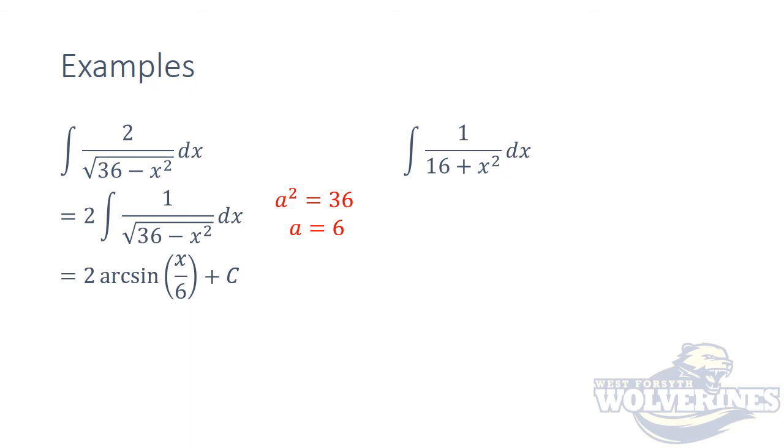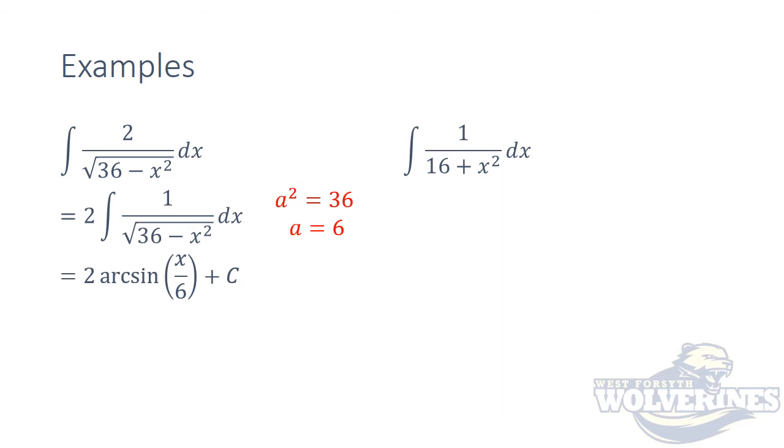Okay, so look at the example on the right. We have a 1 on top, so we don't have a coefficient to worry about. So we look at the bottom. We have 16 plus x squared. When you have this mixed in with all your other derivative and antiderivative rules, if you were trying to do u sub on this, it wouldn't work because the derivative of x squared is 2x and we don't have an x somewhere else on top. You always want to look for that first.